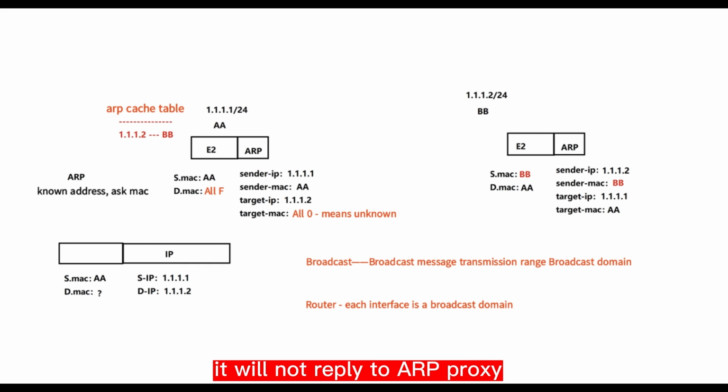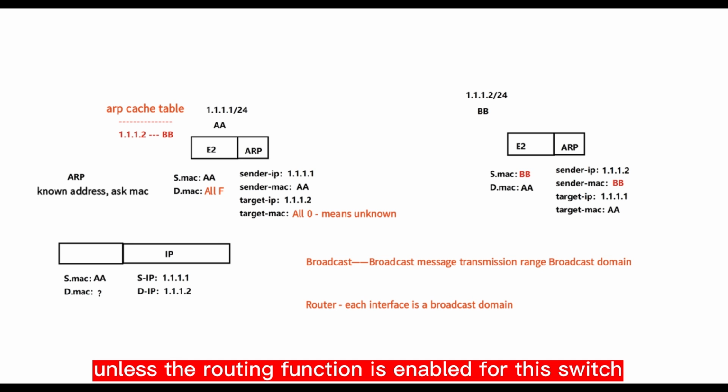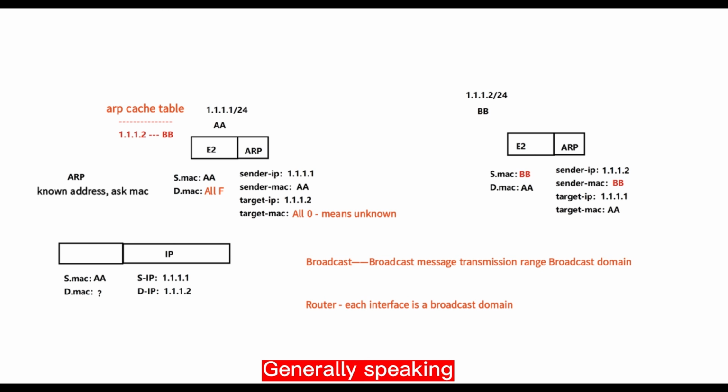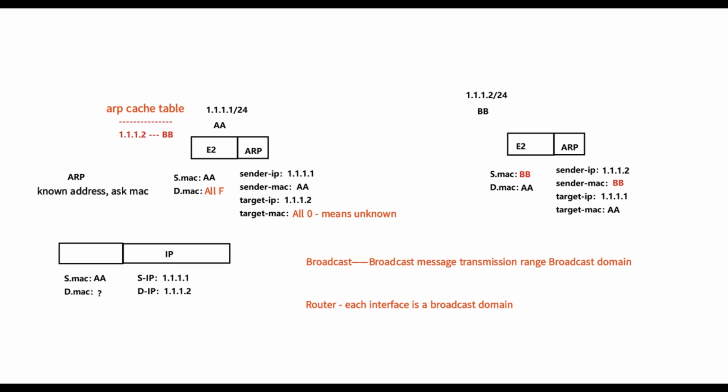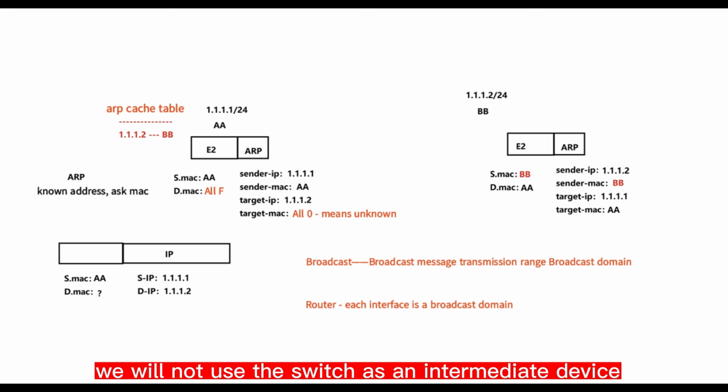It will not reply as an ARP proxy unless the routing function is enabled for this switch and the ARP proxy is enabled on the interface. Generally speaking, only the router interface of a Cisco device has this function by default. Generally, we will not use the switch as an intermediate device. So, here are some differences between them.